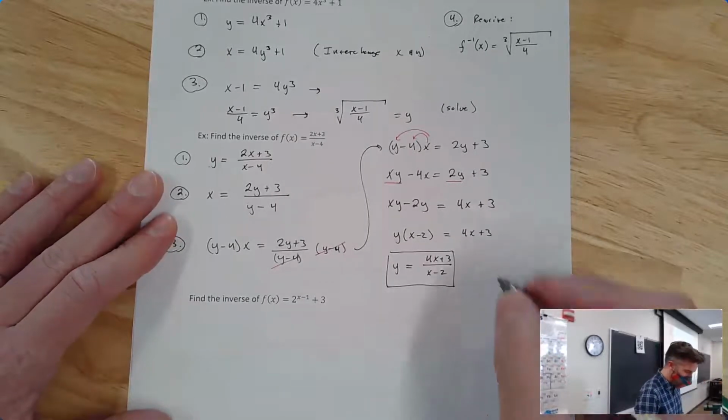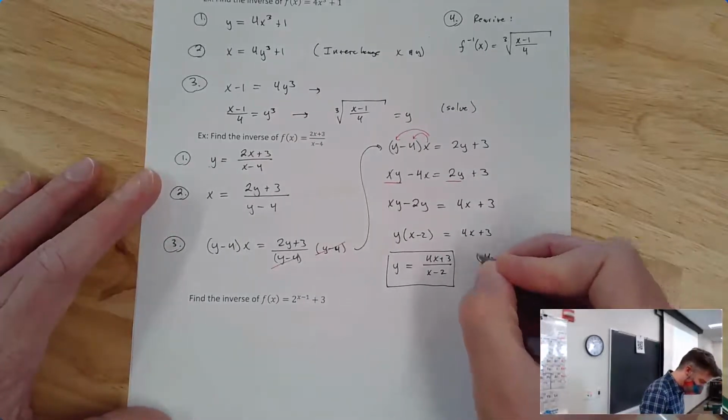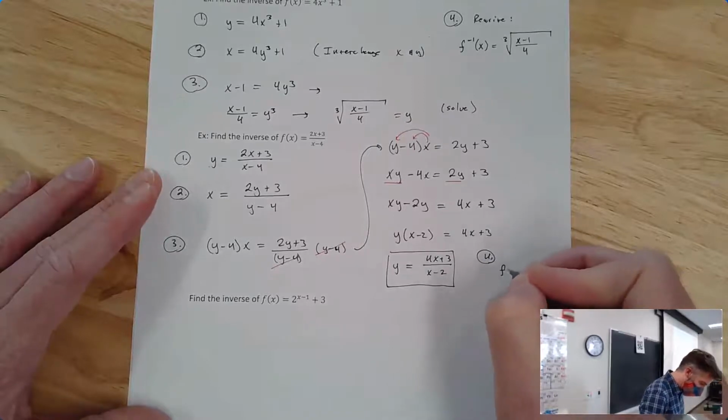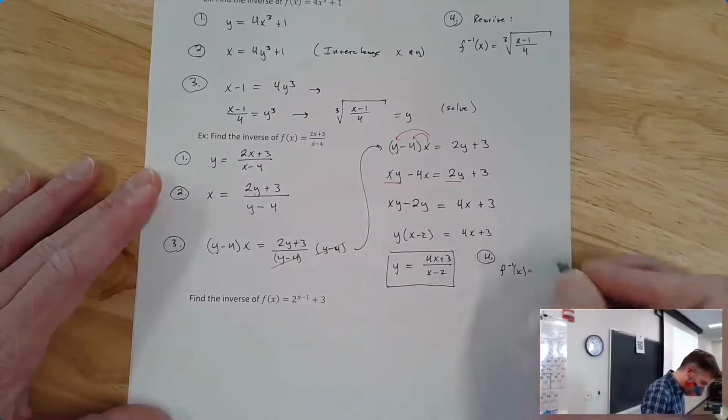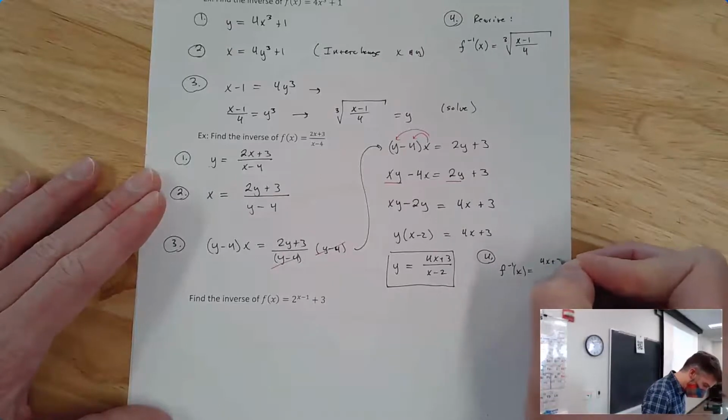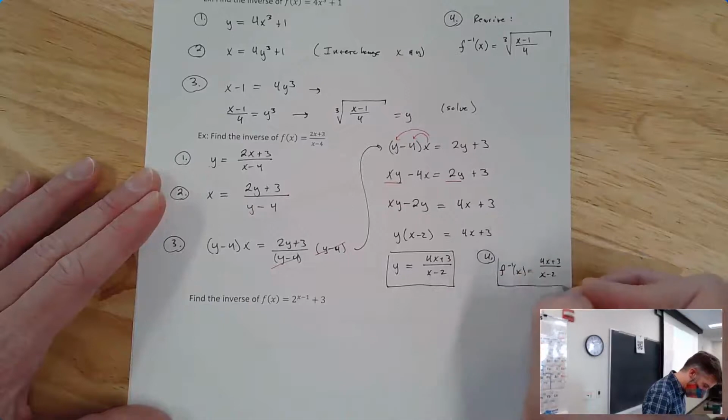And I guess I should take my last step, which always feels like a nothing step, and write it as f inverse of x is (4x plus 3) over (x minus 2). That is the inverse function.